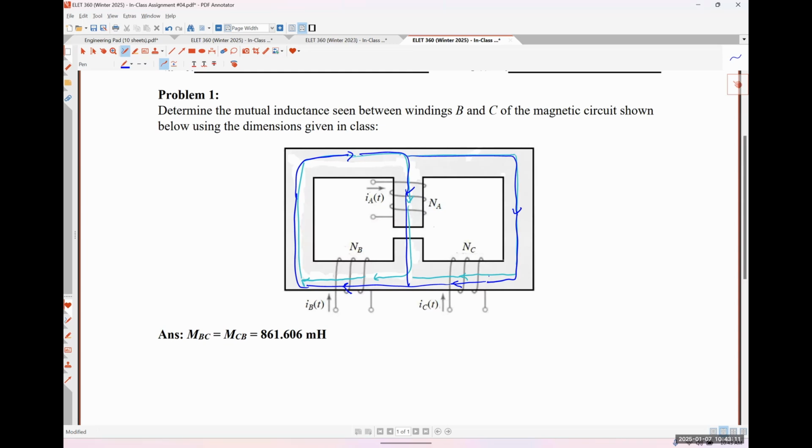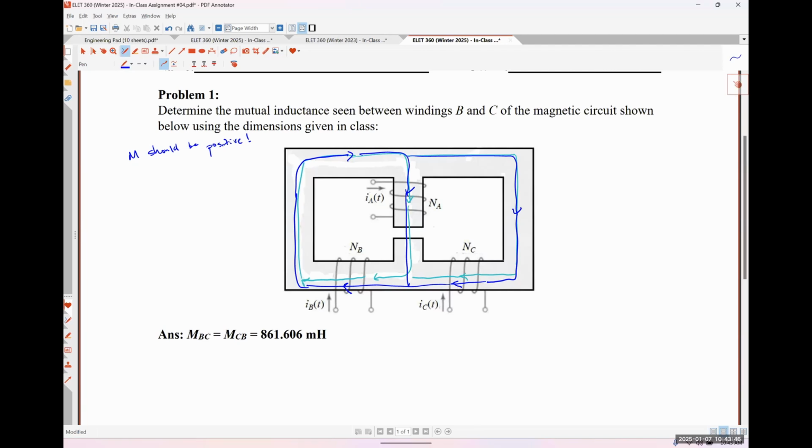Because the arrows are pointing in the same direction, we should expect our mutual inductance to be positive. If our flux arrows were pointing in opposite directions, our mutual inductance would be negative because the flux paths are opposing each other. This is just a quick check to figure out what sign I'm going to have at the end. So I'm just going to make a simple note here: M should be positive based on the direction of our current flow as well as how our coils are wound.